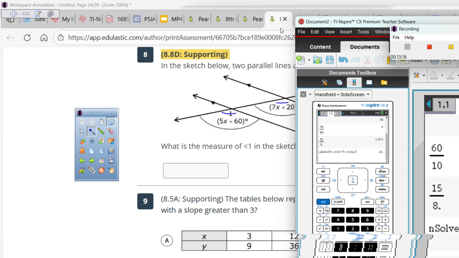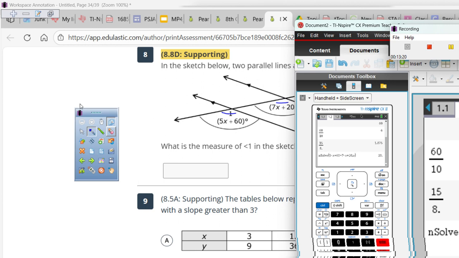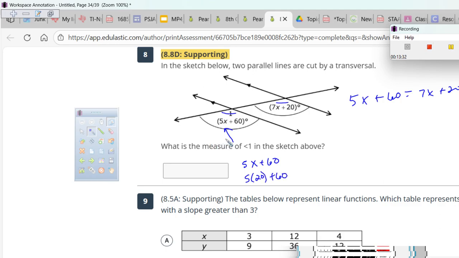So now we know that x is 20, and we're going to plug it in here. The measure of the angle is 5x plus 60, so it's 5 times 20 plus 60. That's 100 plus 60, also known as 160.